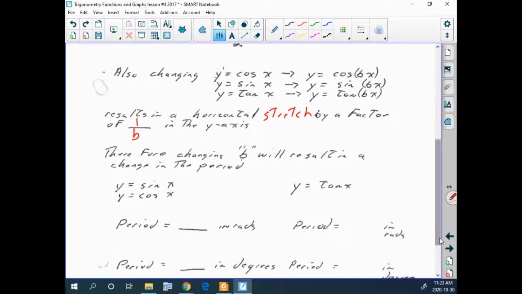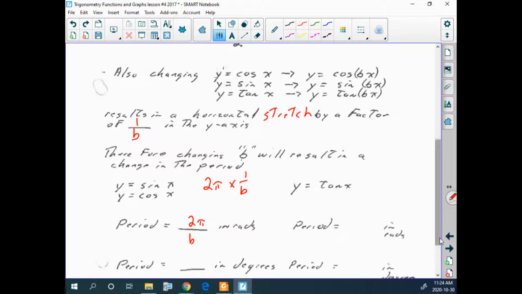So by changing the b, we're going to change the period, and because we are doing a stretch by a factor of 1 over b, our original period for sine and cosine is 2 pi. I'm multiplying it by 1 over b, and we end up with this statement.